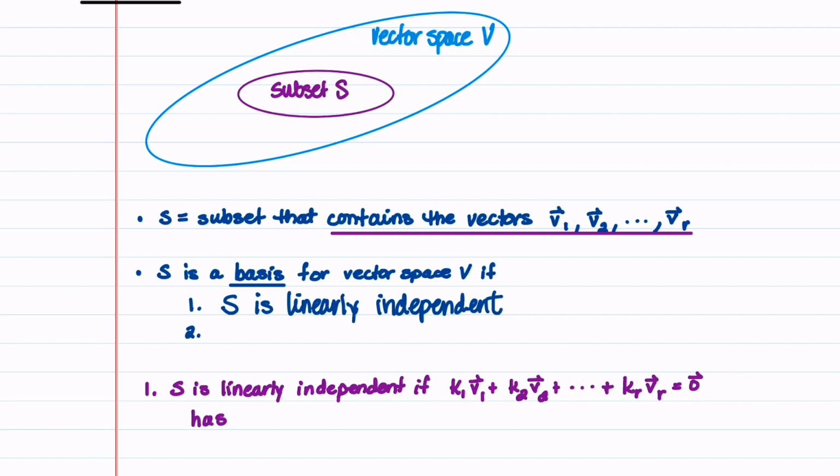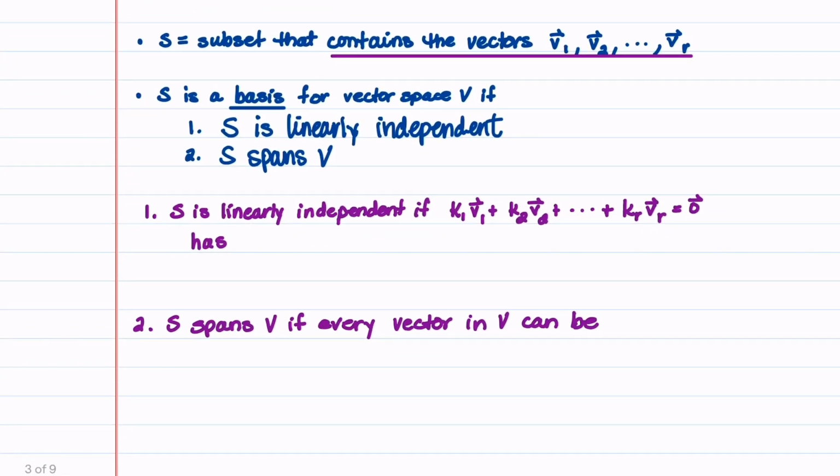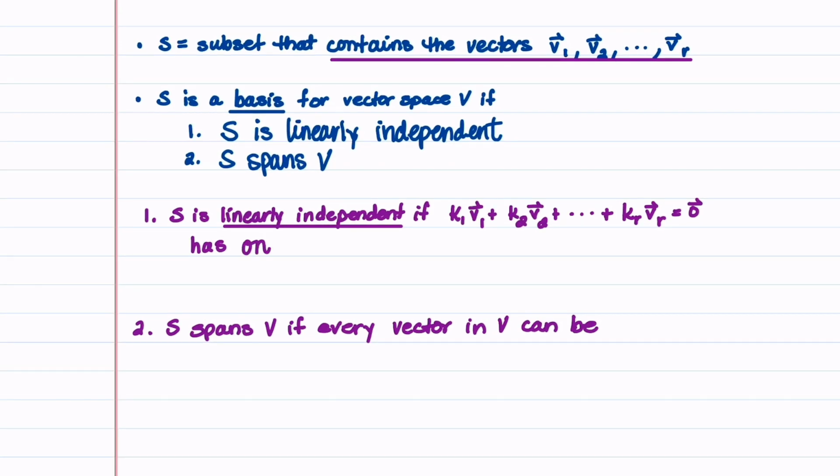Our second requirement for a subset to be a basis for a vector space is that the subset spans V. Let's look into both of these requirements a little bit further. We can say that S is linearly independent if k1 v1 all the way up through kr vr is equal to 0 has only the trivial solution.